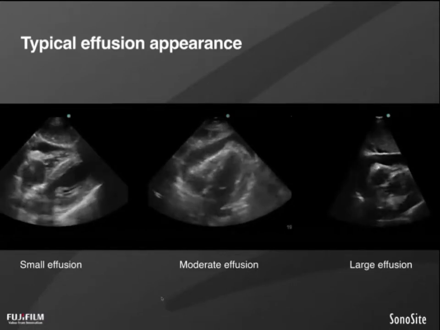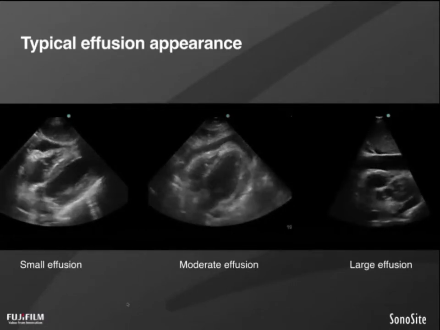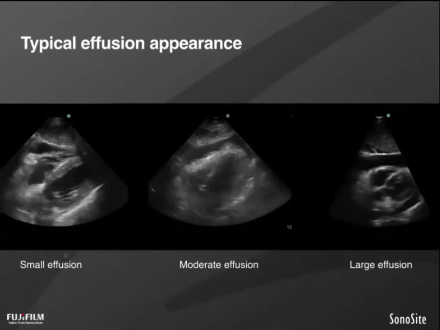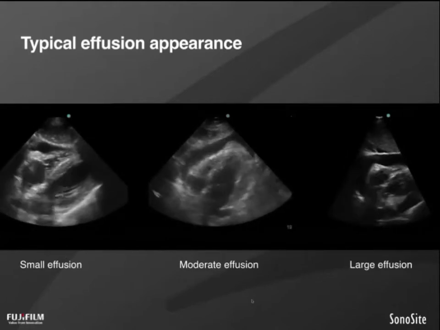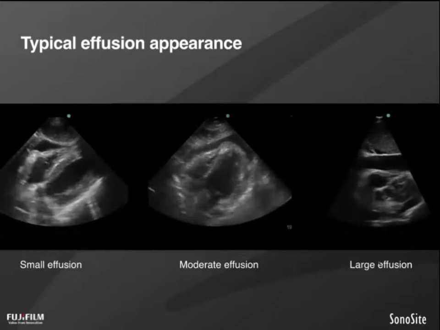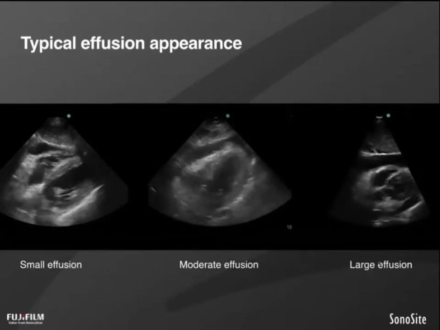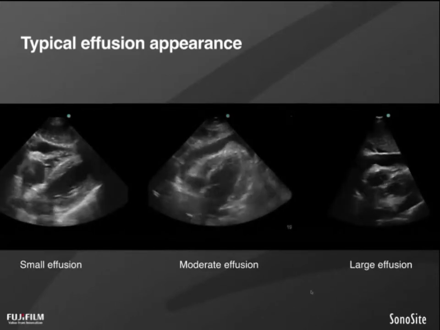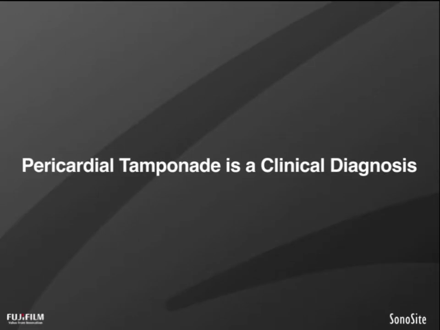In the right clinical scenario, such as a penetrating chest injury, a small effusion can be just as important as a large effusion when a leukemic presents in their 70s. So context is everything. And once again, pericardial tamponade is a clinical diagnosis.